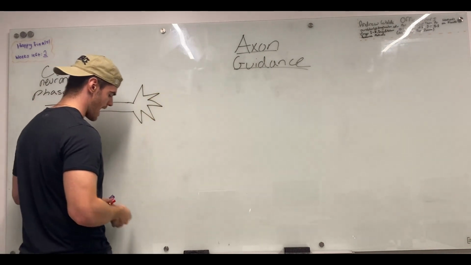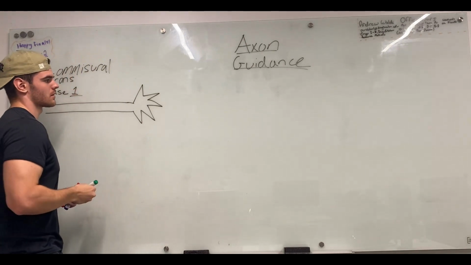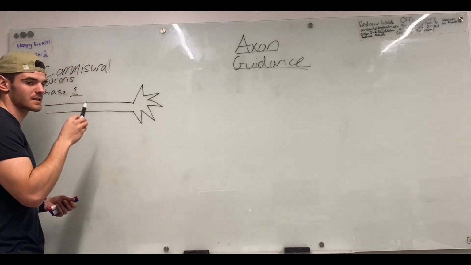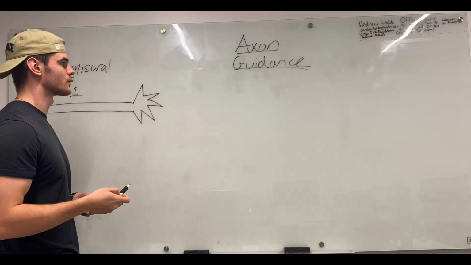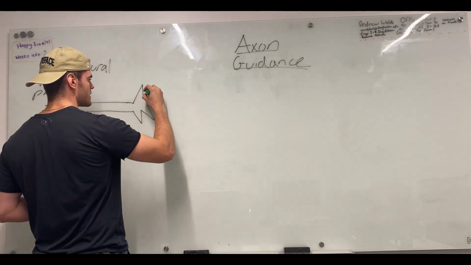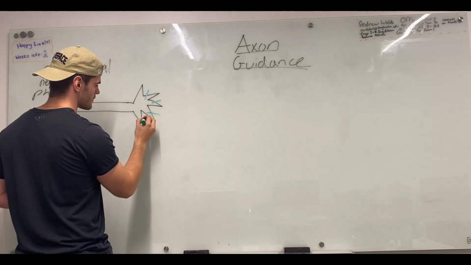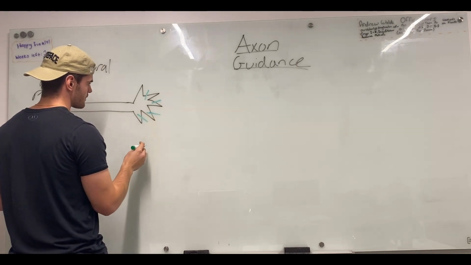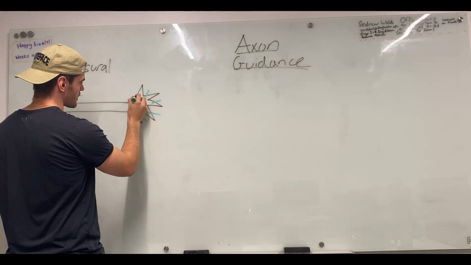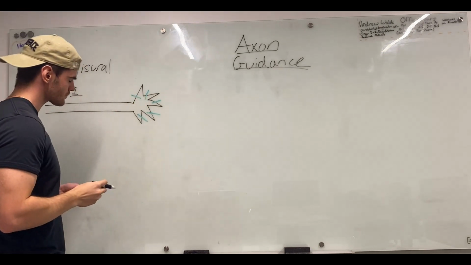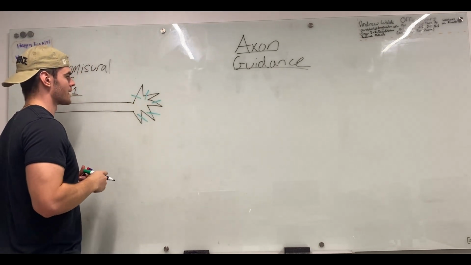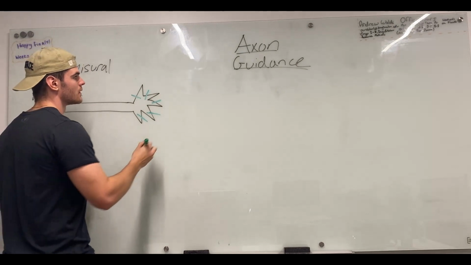Alright. How it's moving is because DCC is attracted to netrin. Okay, so DCC is expressed across the membrane. So it's part of the intra and part of the extracellular. Okay, and it's being attracted to netrin.